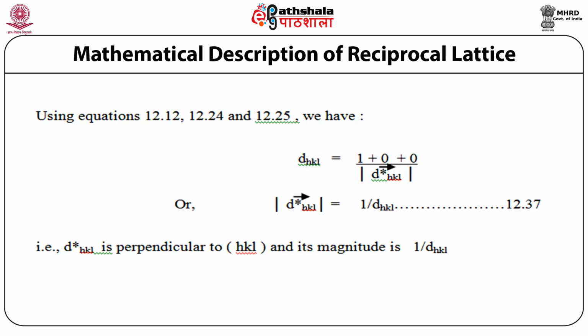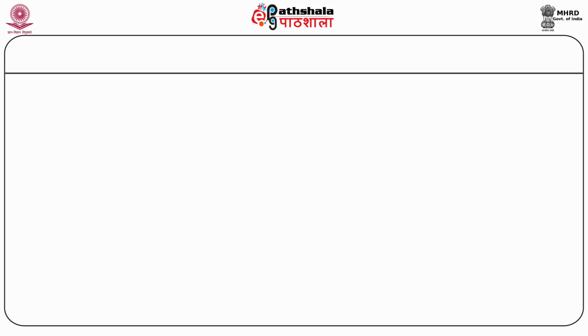Using equations 12.12, 12.24 and 12.25, we have d HKL is equal to (1 plus 0 plus 0) upon modulus d* HKL, or modulus d* HKL is equal to 1 upon d HKL, which is given as equation number 12.37. That is, d* HKL is perpendicular to HKL and its magnitude is 1 upon d HKL.